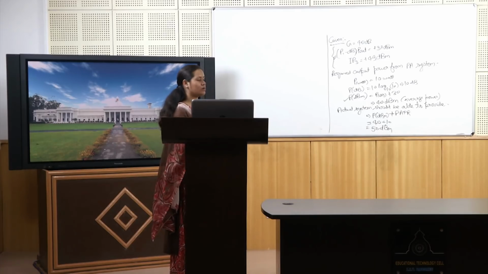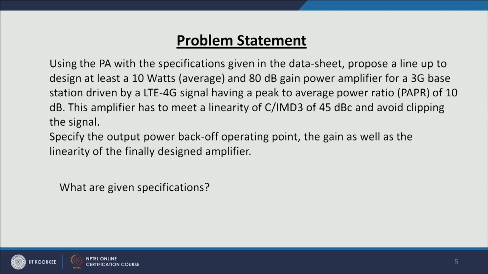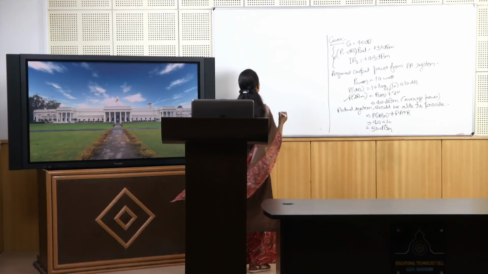Now let us do our calculation for this system. Now we have to find the output power back off for the required C by IMD3 for SSPA. So for SSPA we had seen that we can apply this formula. If we know the C by IMD3, we can actually calculate our output power back off. So let us do the calculation.